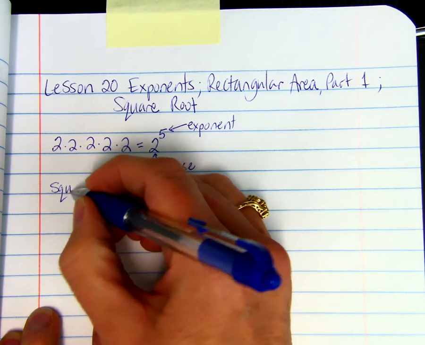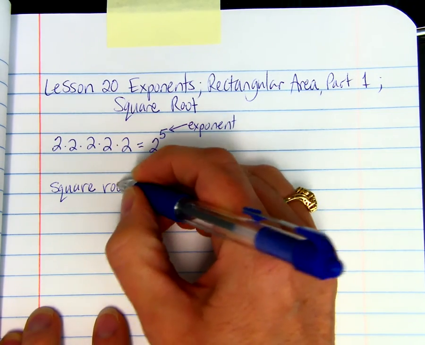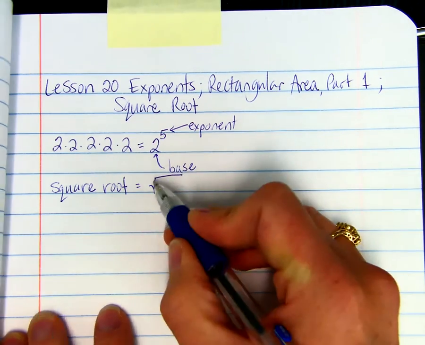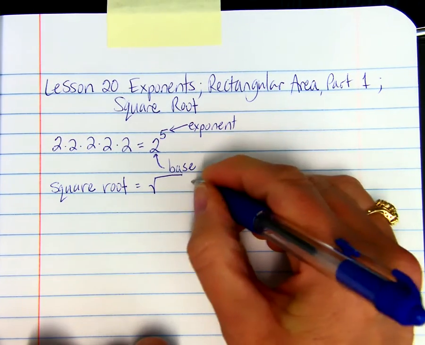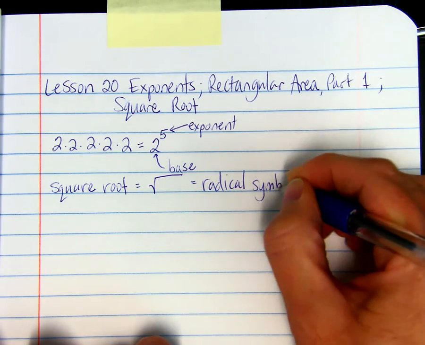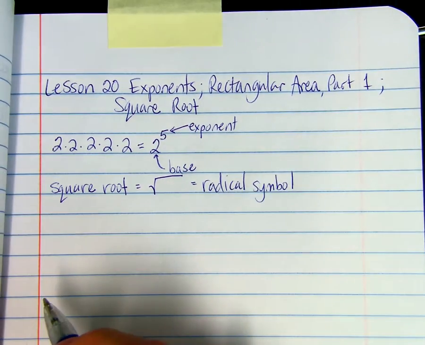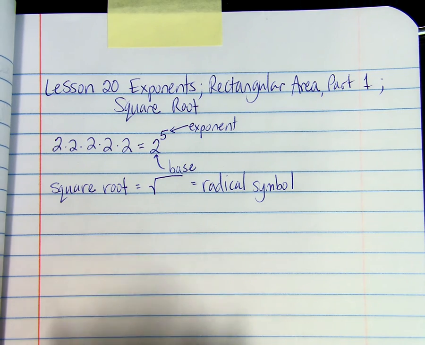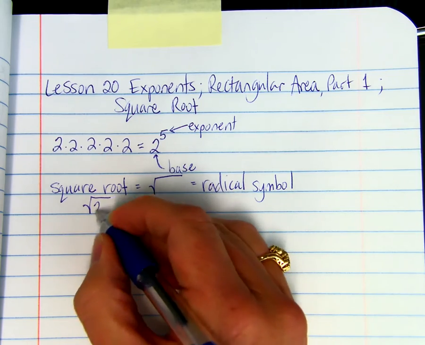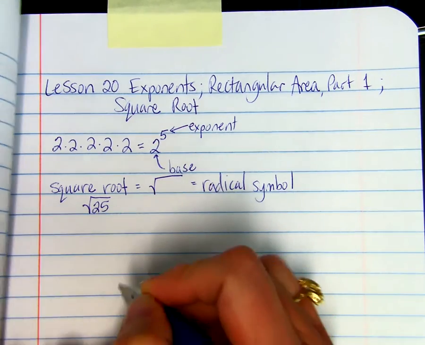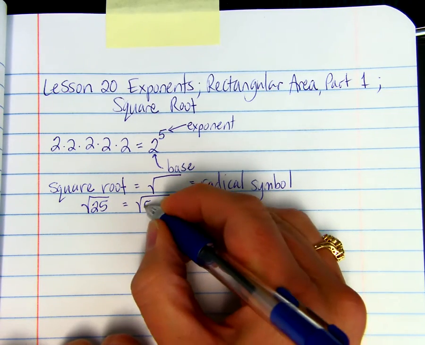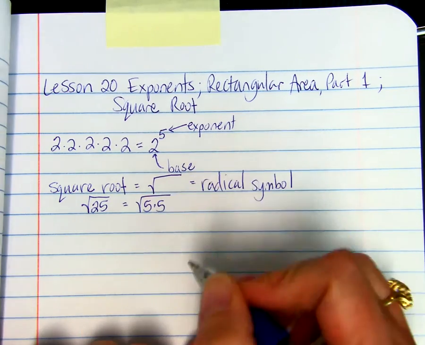A square root has a radical symbol, and it looks like this. That symbol is called the radical symbol. So when we have what's called the square root of 25, that's an example. 25 is the same thing as 5 times 5.